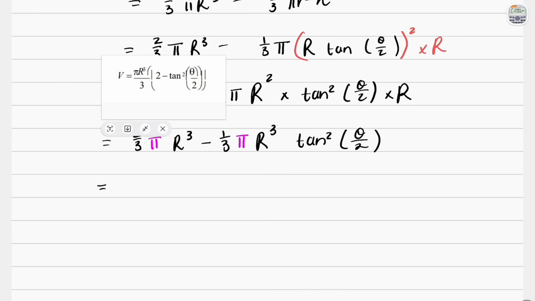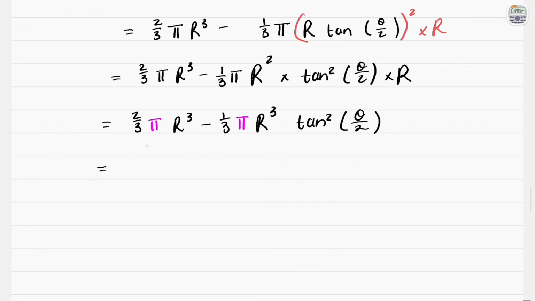Okay, so we don't even have to look at that. Just take out your common factors. So in these two terms, what is common? We've got 1 over 3 common, because this is 2 over 3, that's 1 over 3. So 1 over 3 is common in both of those. And then there's pi that is common, and then R to the power of 3. And that would be our common factor. So then what is left?